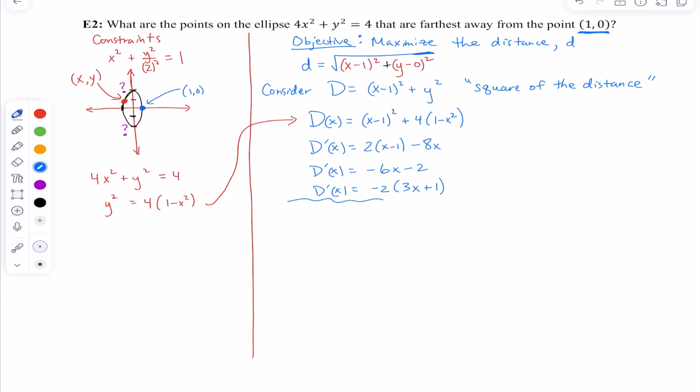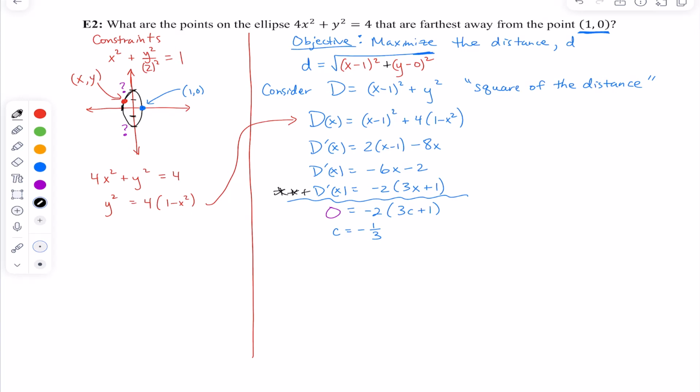And we're ready to find our type 1 critical numbers. Notice we do not have any type 2 critical numbers this time. So we get c to be negative 1/3. What we're going to do with this critical number, we'll put this on an x number line and we'll test the first derivative. Now what's a good first derivative function?